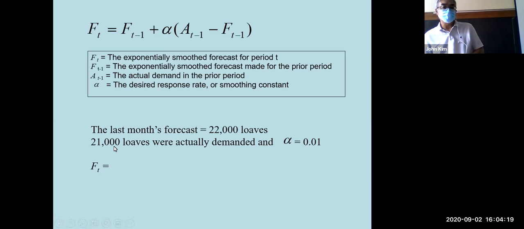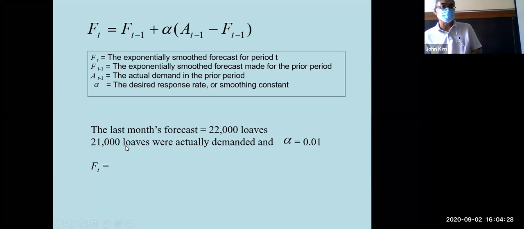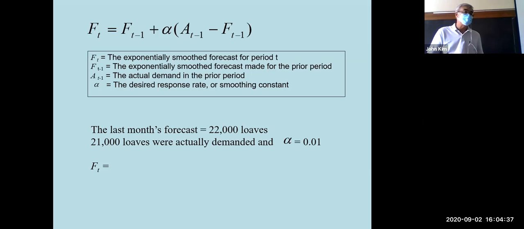And 21,000 loaves were actually demanded, so 21,000 is the actual demand one term earlier, A_(t-1). Alpha is given as 0.01, and we just plug in.